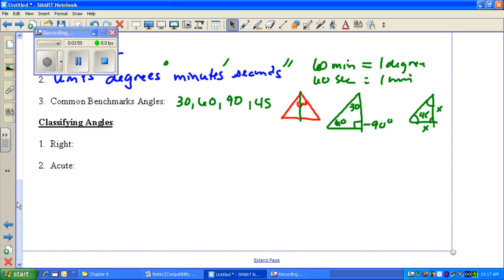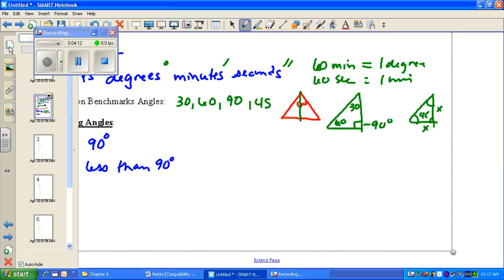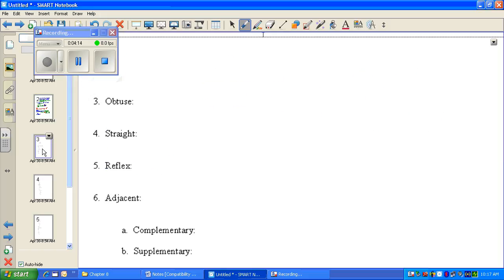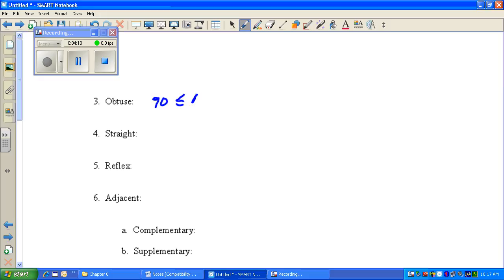A right angle, once again, is a 90 degree. Acute, people remember this by acute, less than 90 degrees. Obtuse is between 90 and 180 degrees. As soon as I get to 180 degrees, that's going to be a straight line.